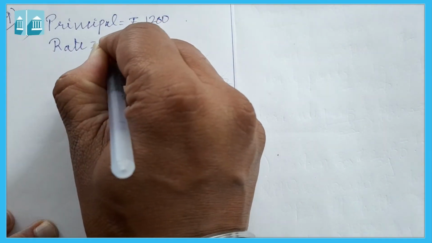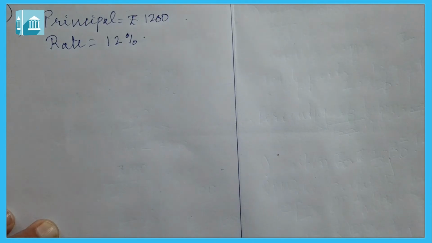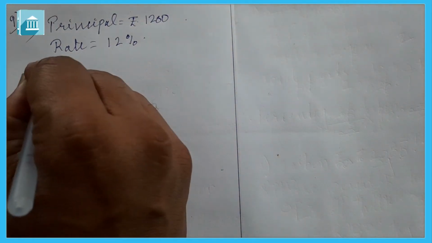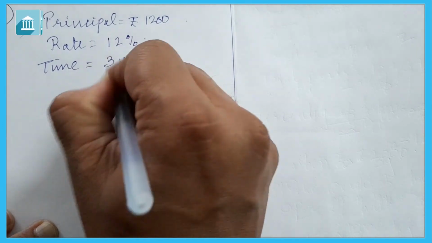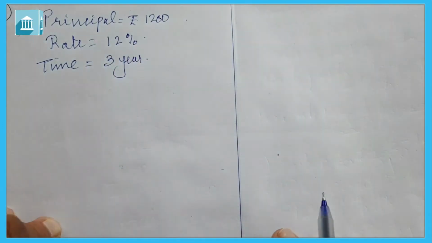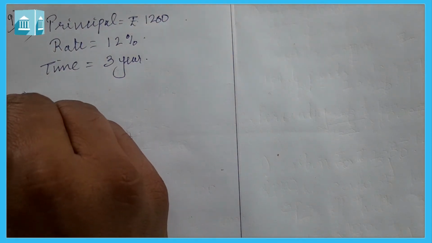Rate is given as 12%. Time is again given, time is equal to 3 years. We have to find out the amount. So first, to find the amount, we have to find the simple interest.